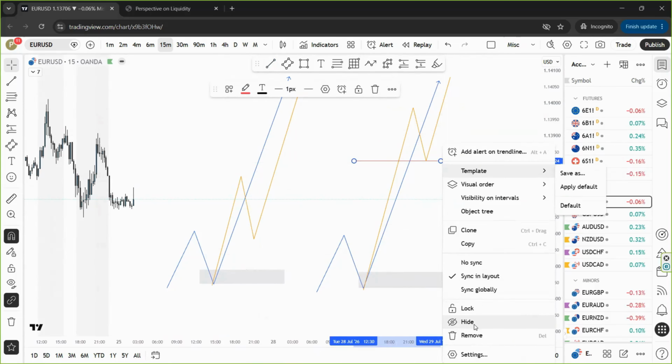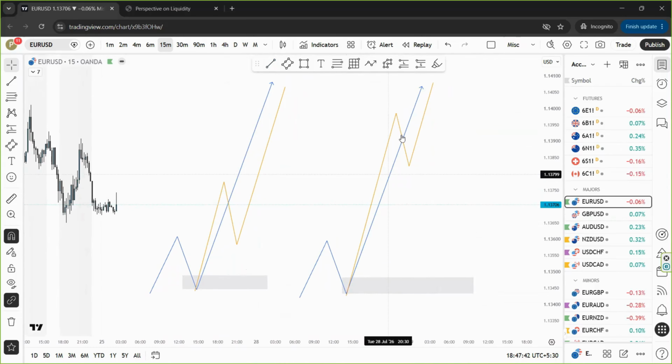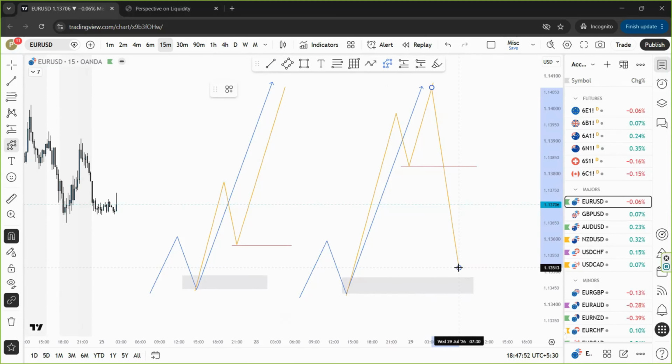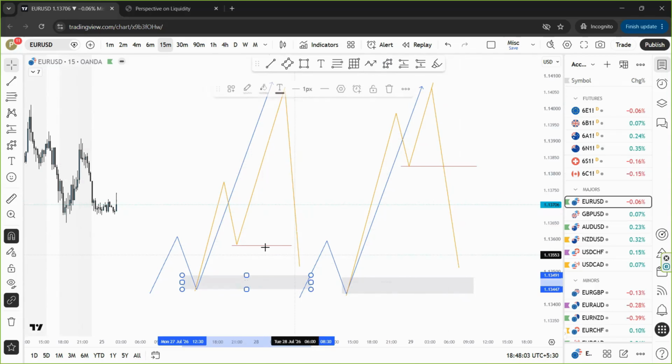Because when you think of this, assume you're considering both as liquidity. You consider this as liquidity. You consider this as liquidity. So when price comes here, is this actually a liquidation, or is this acting as an impulse? Versus if price comes here, now, is this acting as a liquidity, or is this acting as an impulse?